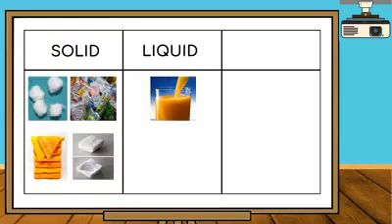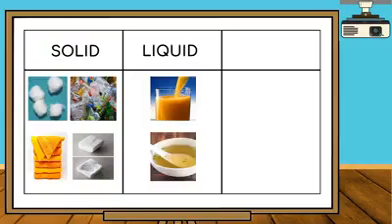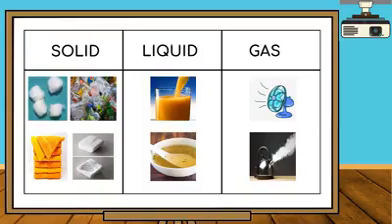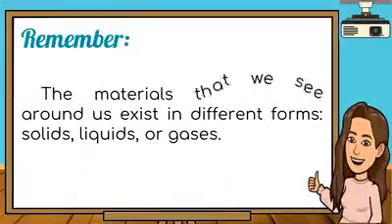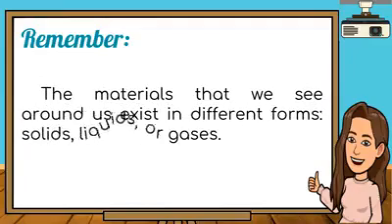On the second column are liquids, orange juice and soup. On the last column, we have wind from a fan and steam from a boiling kettle. Once again, we group the materials according to their state: solid, liquid, and gas. The materials that we see around us exist in different forms: solids, liquids, or gases.